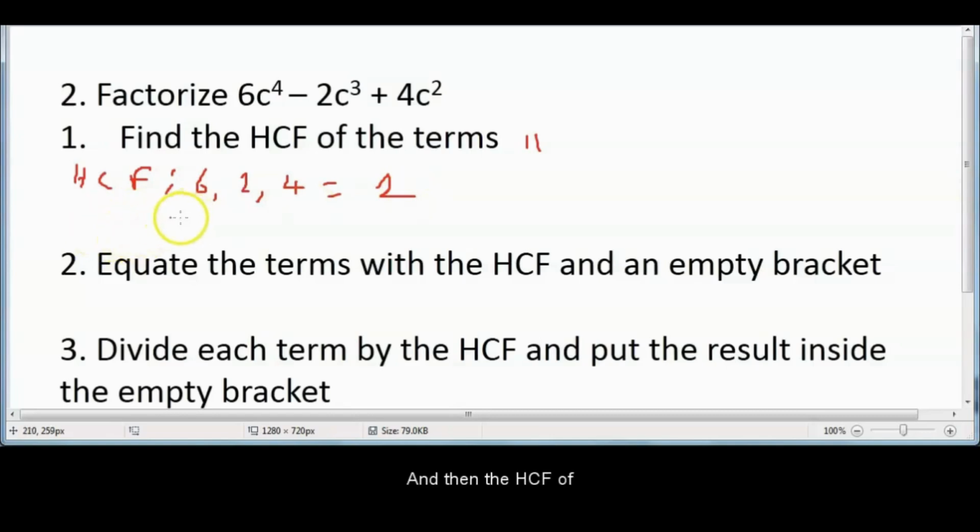And then the HCF of c⁴, c³ and c² is c².